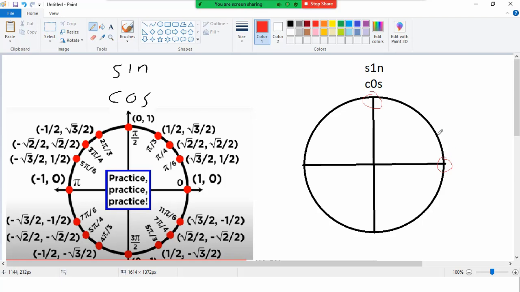All right. Now let's fill in some of these other blanks right here. We have some basic angles that we go with. We have 30 degrees.